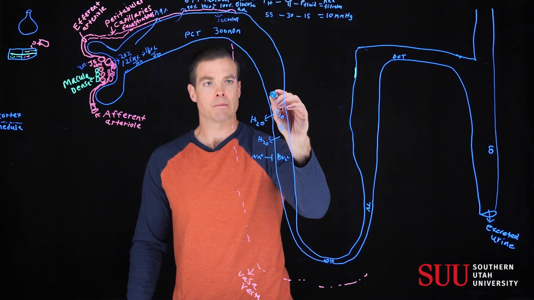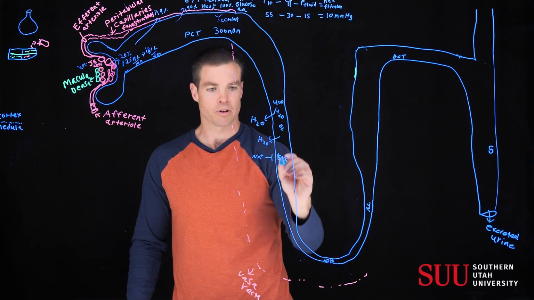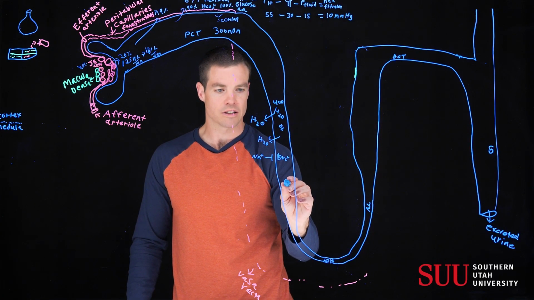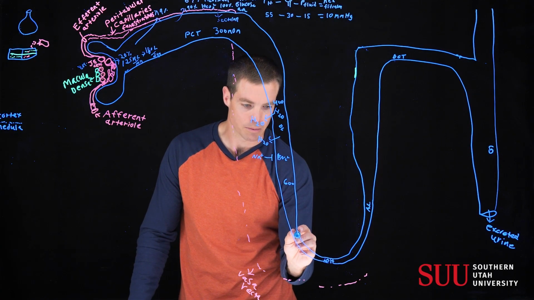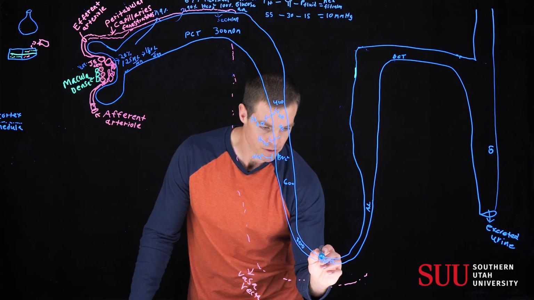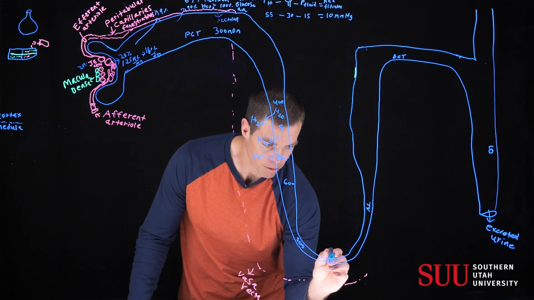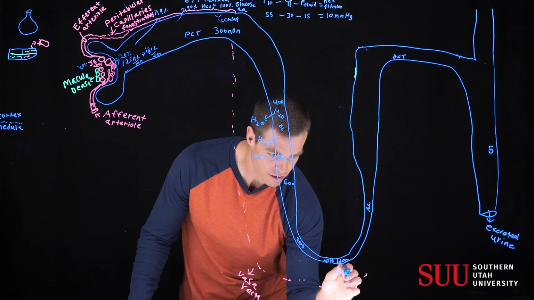And you're going to see why, but let's say we get down over here, and we're, say, 400 milliosmoles, right? And then over here, say 600. And it's going to get more and more concentrated. And you'll see why here in a little bit, 800, you could say. And then maybe even down over here at the very bottom, it could be 1200, all right? But it's also going to be 1200 out here.